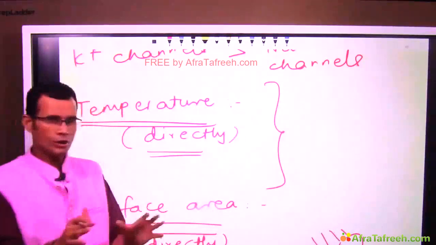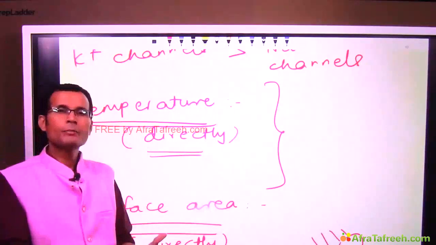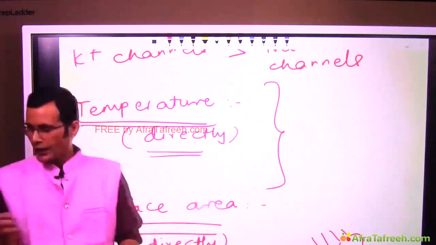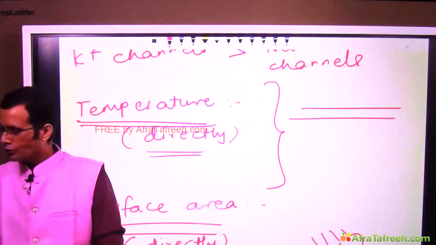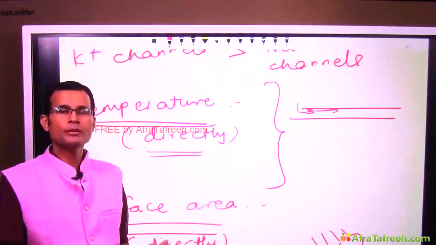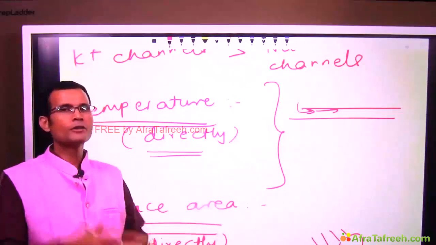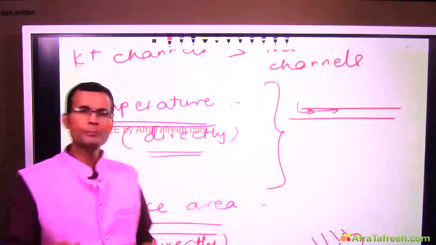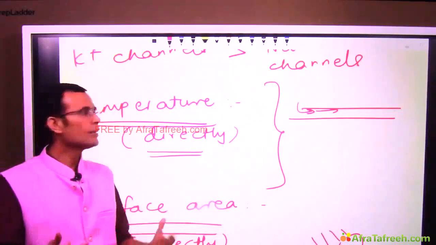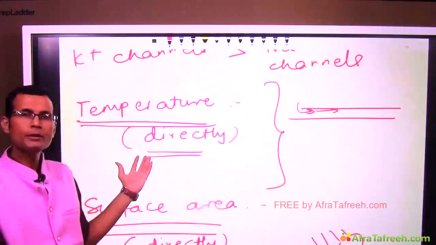Now, look, on one hand we are saying greater the temperature, greater is the diffusion. Action potential through a nerve fiber is because of the diffusion of sodium, isn't it? Depolarization, excitation of the membrane is because of the diffusion of ions, diffusion of sodium. So increased temperature should make the diffusion better by our own principle.